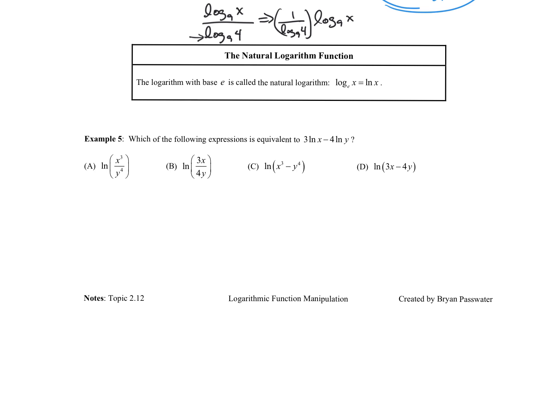It's an exponent, so now we have natural log of x to the power of 3. And what is this subtraction doing? It's dividing, so it's over y to the power of 4. Now I look for that answer, and it matches up with A.